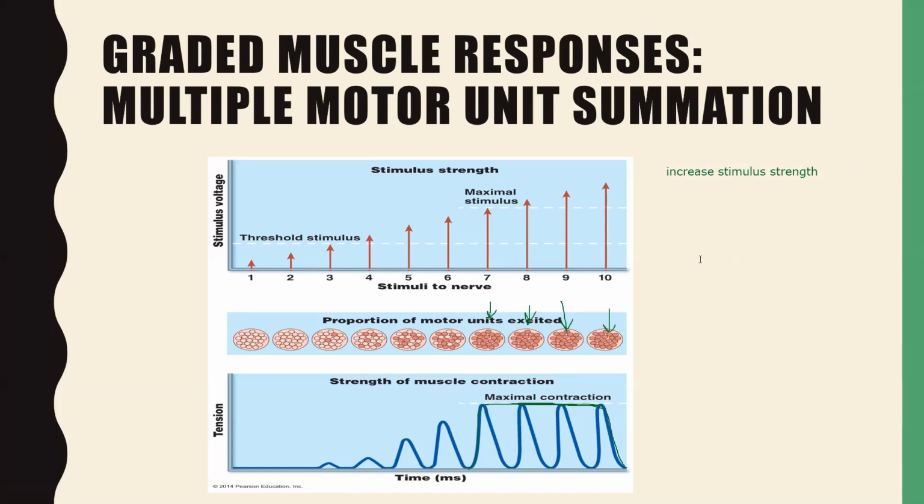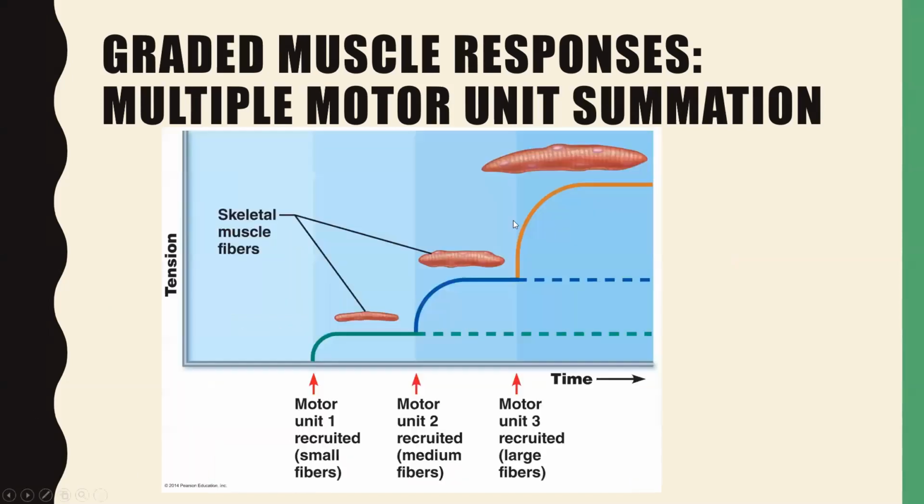Okay, so I have that same, oh wait a minute, I have to clear. I have that same graphic that he had as far as what kind of motor units we use. So we're going to use the smallest ones first. Those are the easiest ones. And usually we don't need a lot of force. So we're going to use them first.